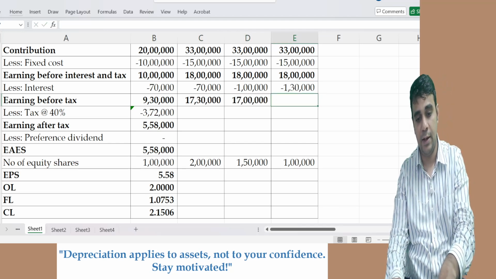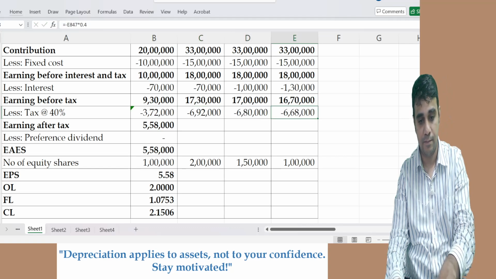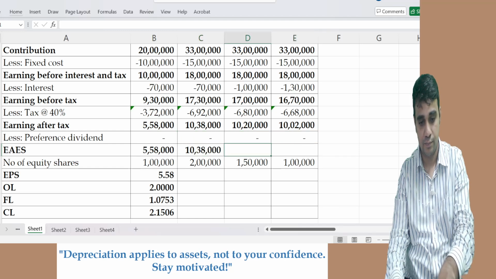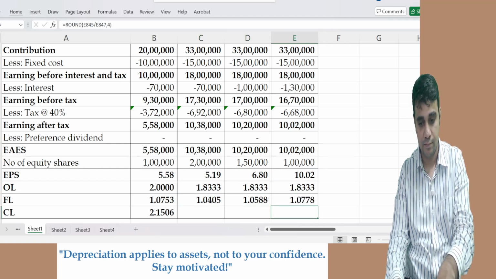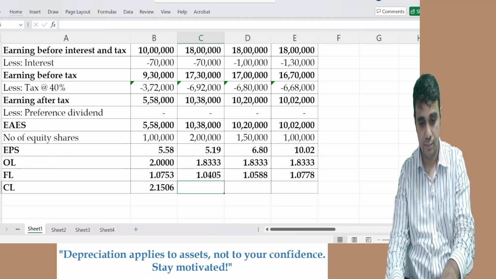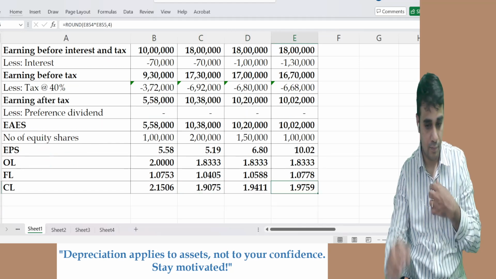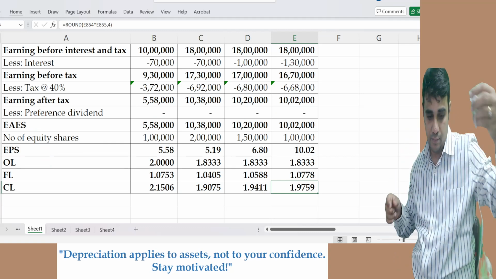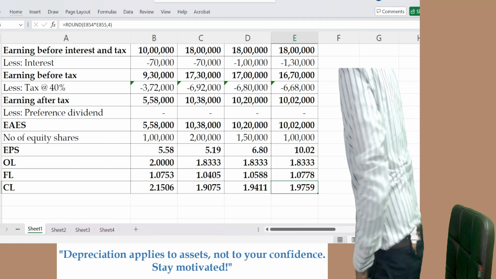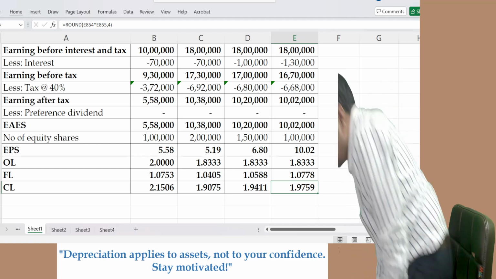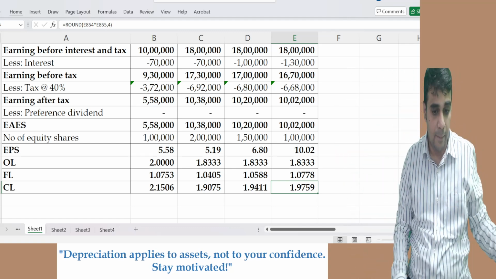You complete the table and then refer the screen. Complete the table.